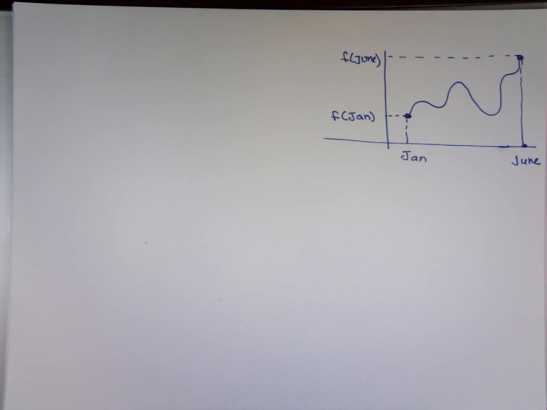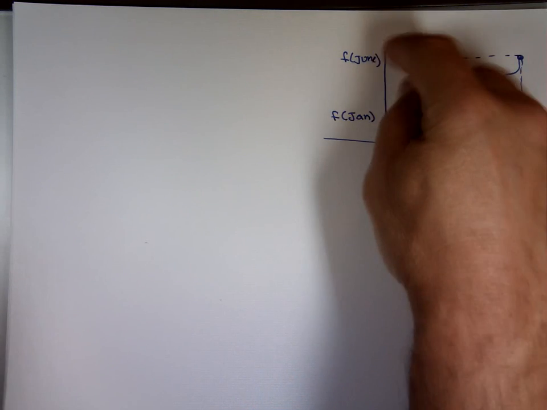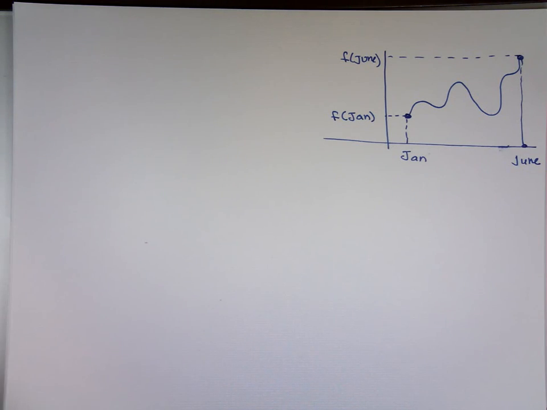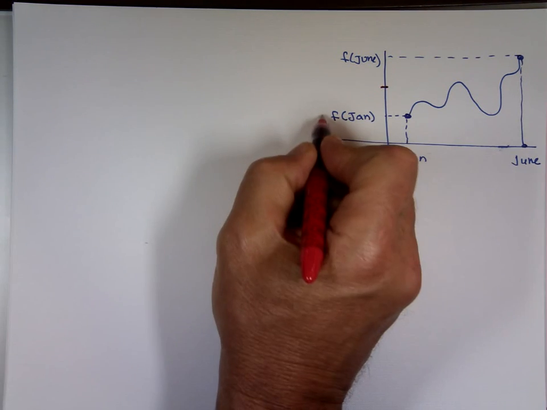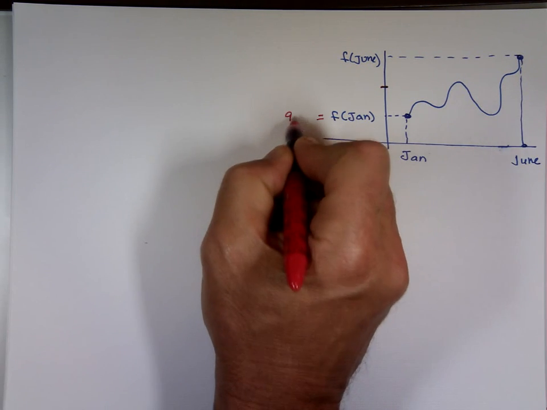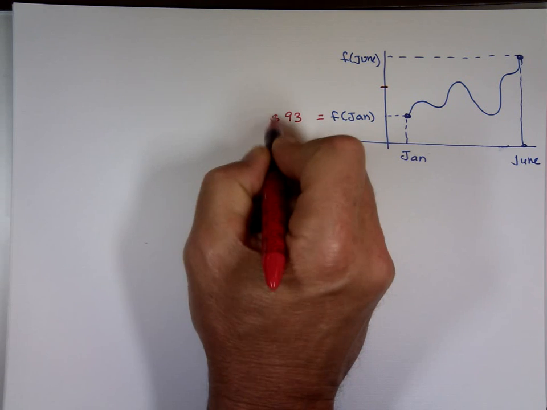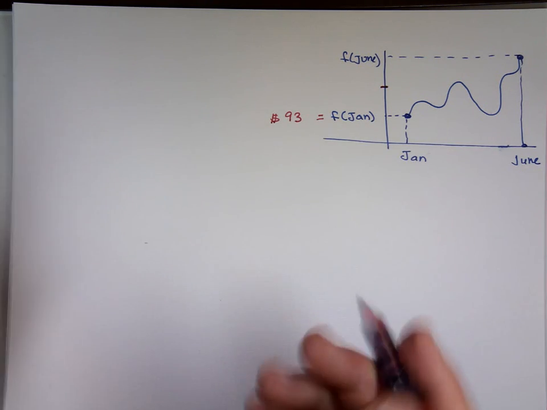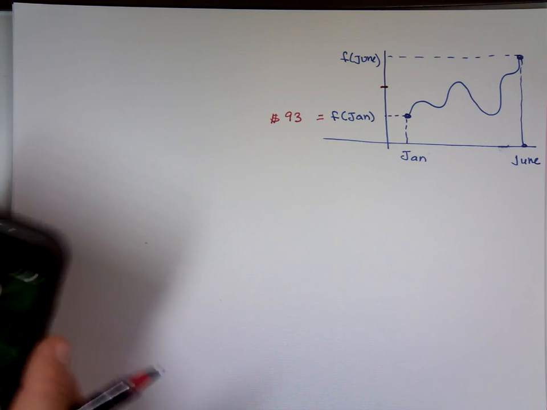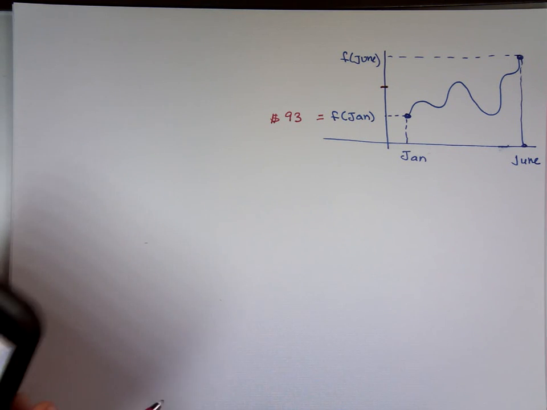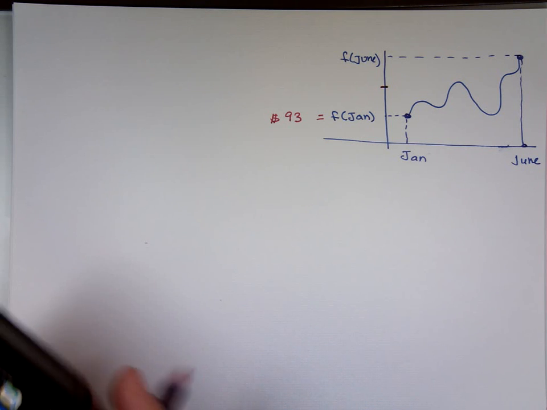If you pick any number between these two prices, any value, like if I pick this, let's say in January the price was 93 bucks a share. And in June now, I think the price today dropped. What is the price? I can tell you right now. Is it 95.10?